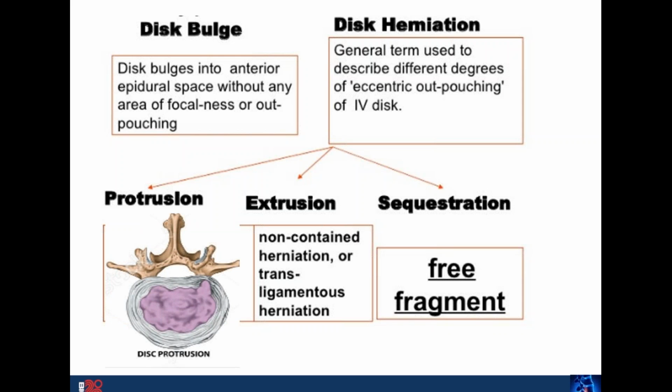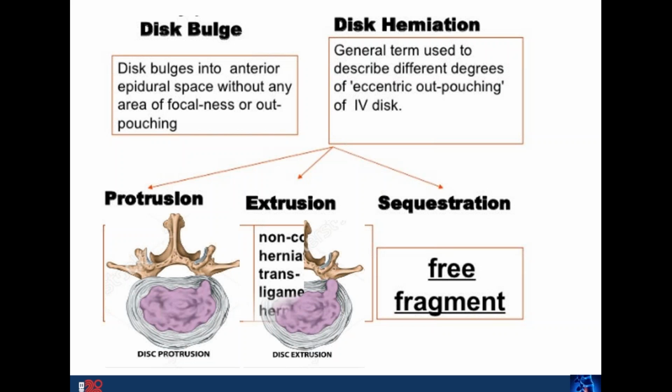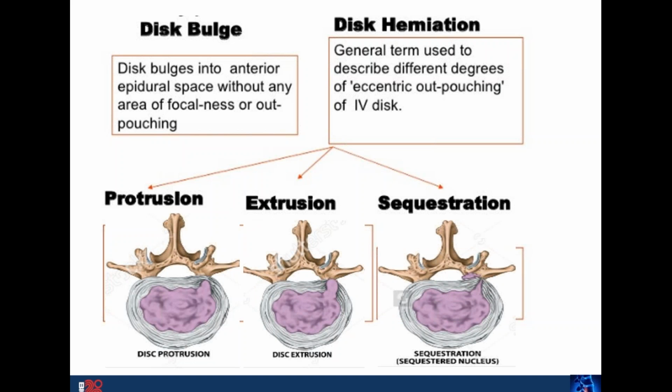Whereas an extrusion is a non-contained herniation, typically going right through all of the layers of the concentric lamellae of the annulus fibrosus, all the way to the more serious sequestration type of herniation, where the nucleus is actually extruded right out through the annulus fibrosus and into the spinal canal or the nerve foramina, which can cause a lot more serious inflammation and damage. So there you have it. Those are the terminologies used to describe the different types of disc bulges and or herniations.